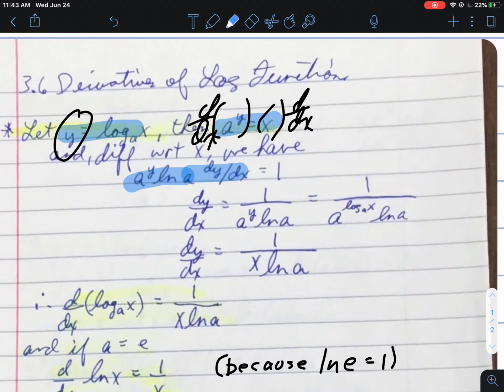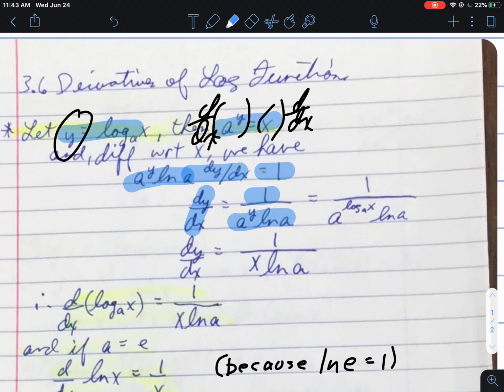The right side is the derivative of x with respect to x, which is 1. Then, as we typically do with implicit differentiation, we solve for dy/dx. So I get dy/dx equals 1 over a to the y times the natural log of a.